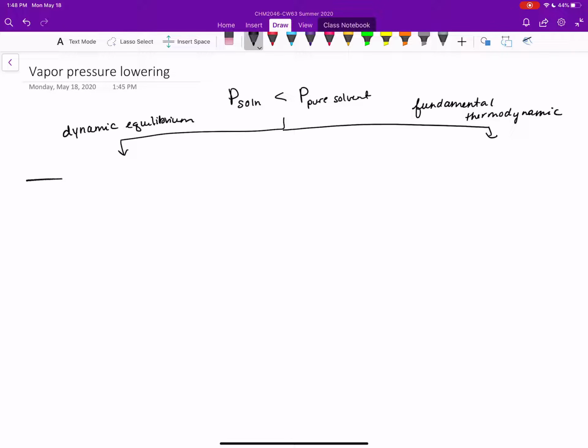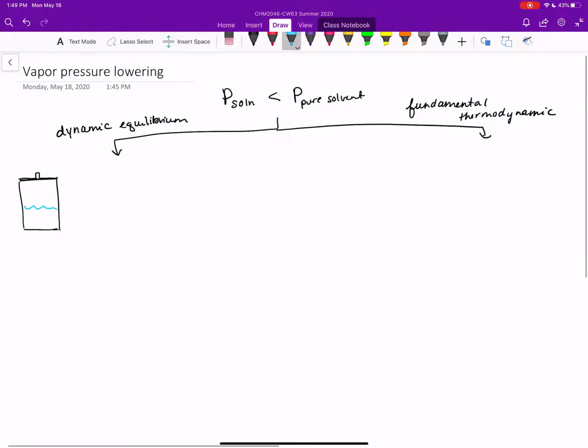All right, so when we defined vapor pressure, and I'm going to draw my beakers as rectangles here so that I can show that they are sealed. These are sealed containers. Okay, and I have a liquid in this beaker. So here are all my liquid molecules in the liquid phase. They're really close together, but have no long range order. Okay, and those are in equilibrium with some molecules in the gas phase.